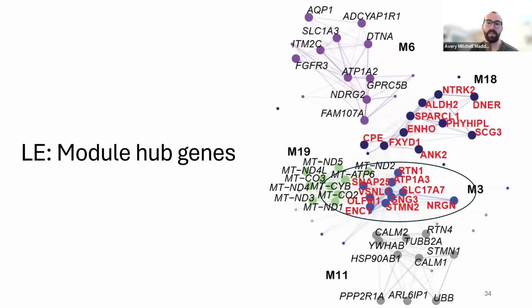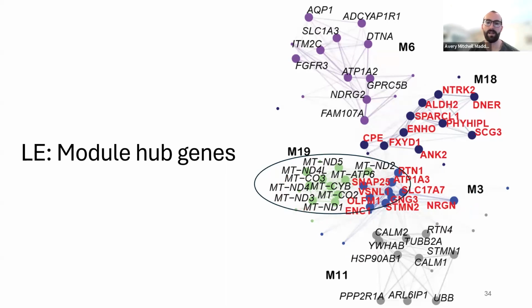Looking at M3, we identify several genes associated with the NEFTEL NPC2 tumor state. And in M19, at the core of this hub, we identify a bunch of mitochondrial genes, which at first could suggest contamination, but there's a strong case in the literature that in the context of cancer transcriptomics, these could be a very meaningful signal.